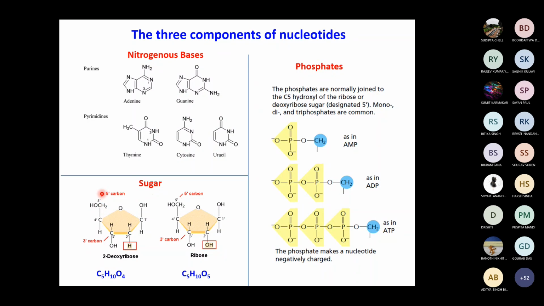And then the phosphate can be a monophosphate, diphosphate or triphosphate. Mono means 1, di means 2 and tri is 3, that you know. So this is how we have 1 phosphate group, 2 phosphate groups and 3 phosphate groups. This phosphate makes the nucleotide a negatively charged molecule. Because of these phosphate groups, nucleotides are negatively charged in nature.